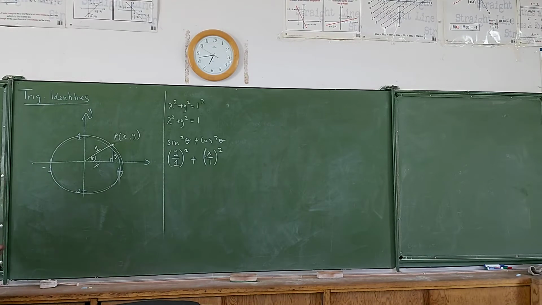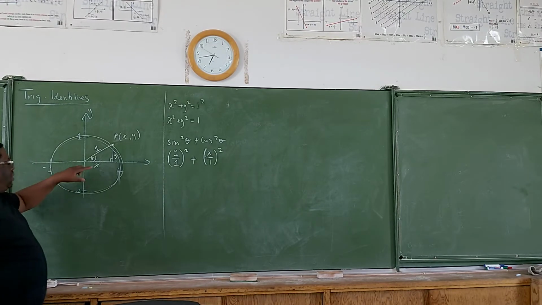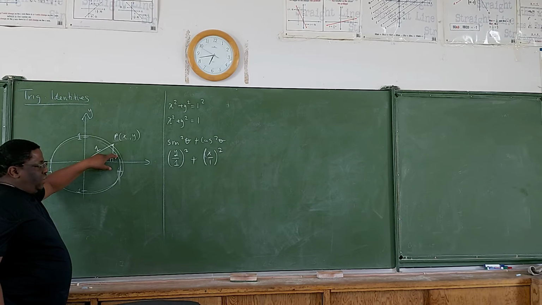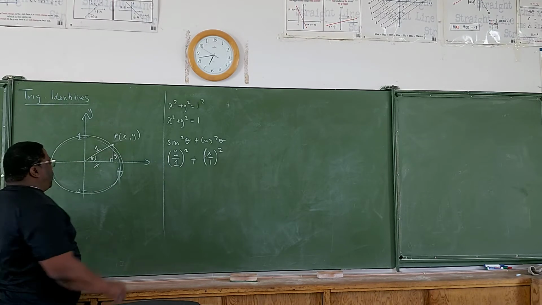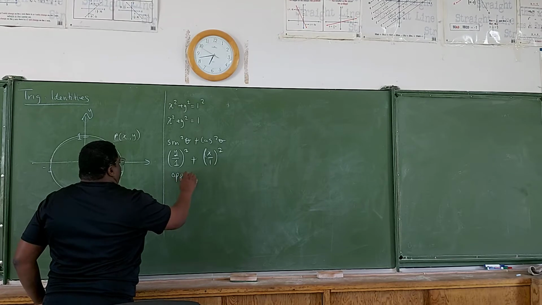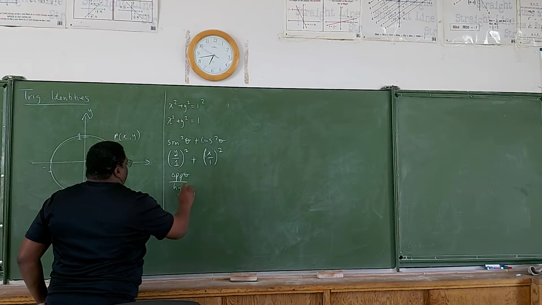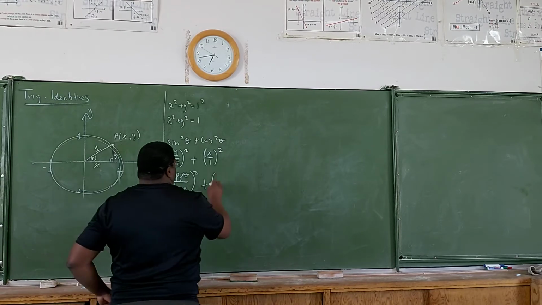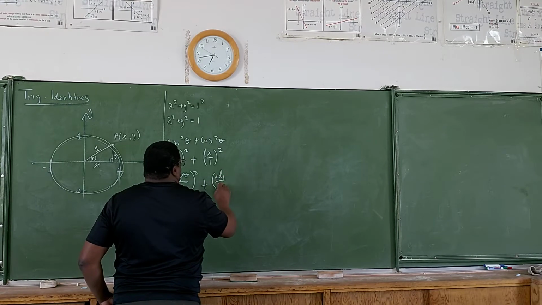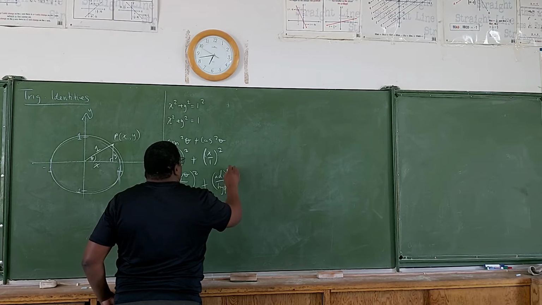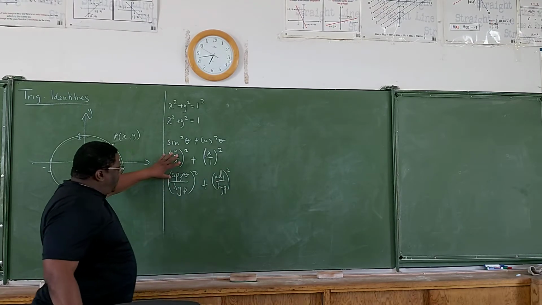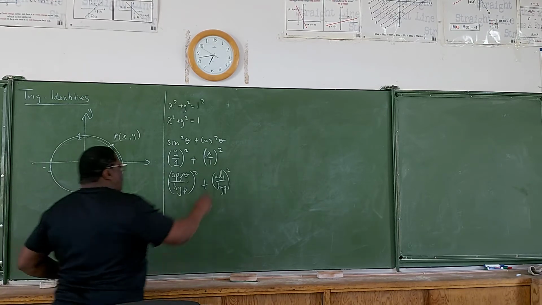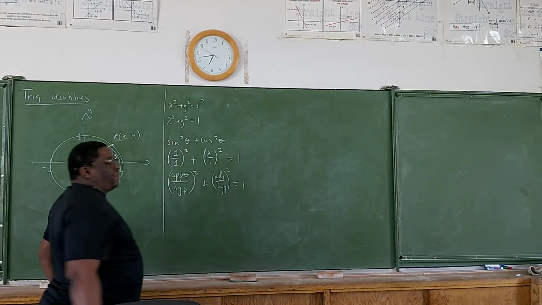But here's what you know: the sine is the opposite over the hypotenuse. So let's look at it in terms of that, squared. The cosine is the adjacent over the hypotenuse. So what we are saying here is, when we take these two and we square them, it should give us nothing but 1.